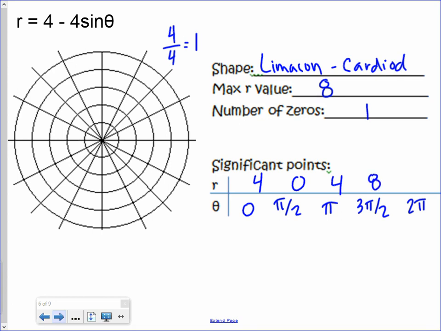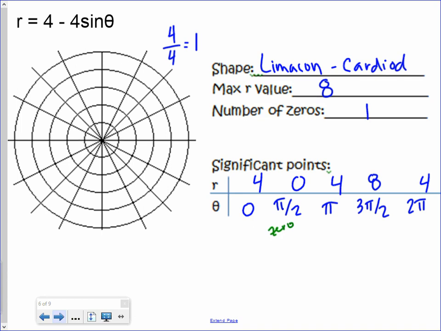There's the max r value that Katie gave us. The max r value should be somewhere in your table. When you get back to 2 pi, that's the same as 0, so we should be back at 4. Notice that in this table we actually found the 0. Whenever the r value is 0, you're at the pole, so we just found where that 0 was.